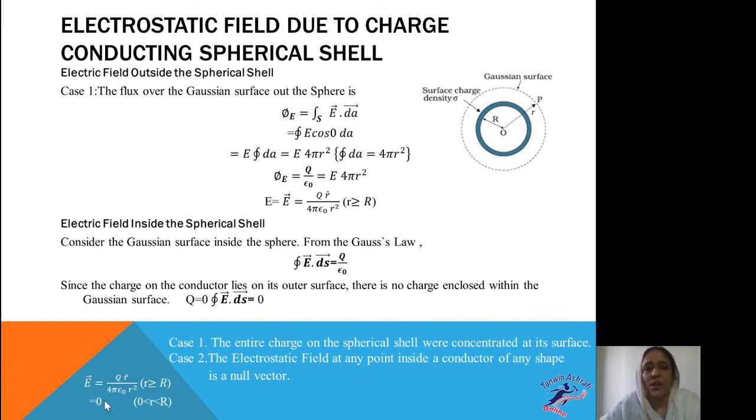Similarly, the electrostatic field due to a charged conducting spherical shell. Case 1: flux over the Gaussian surface outside the spherical shell. Phi is equal to the integration over the surface of E dot dA. Again, we draw a Gaussian surface over the spherical shell and try to find the flux, which is the integration over the surface of E dot dA.